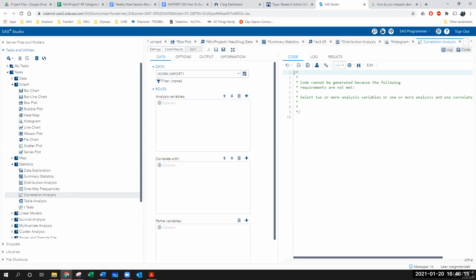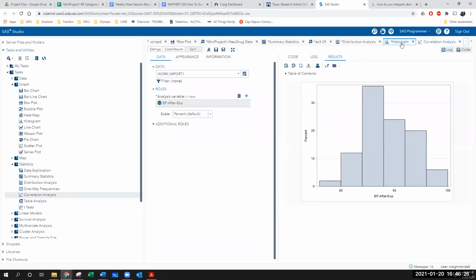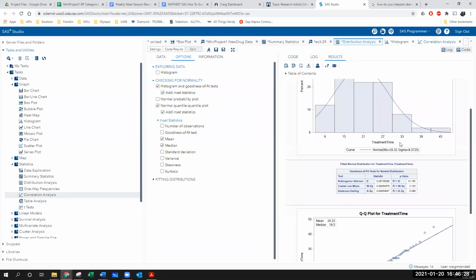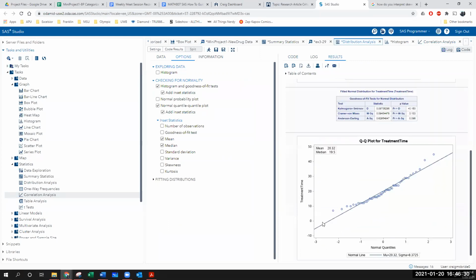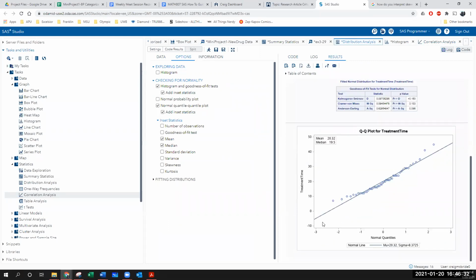Absolutely, totally fine. I do know there is a way to get the scatter plot with a regression line and the correlation in a little inset like we had with this one, in this little box. But I can't for the life of me figure out how to do it again. So if anybody can figure out how to do that, share with the class.